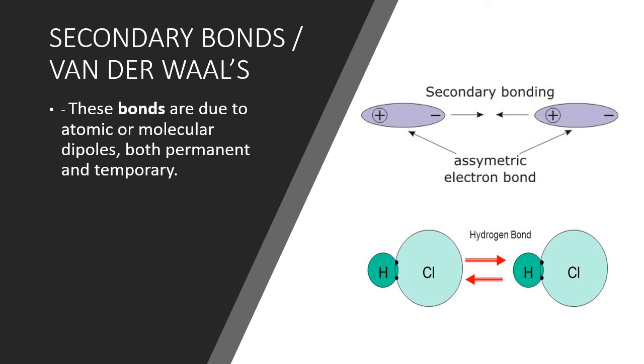These bonds are not formed due to sharing or donating of electrons like the primary bonds. Rather, these bonds occur usually when uneven charge distribution occurs, creating a dipole. Just like we can see in the picture, there is a positive and negative dipole attracting each other.